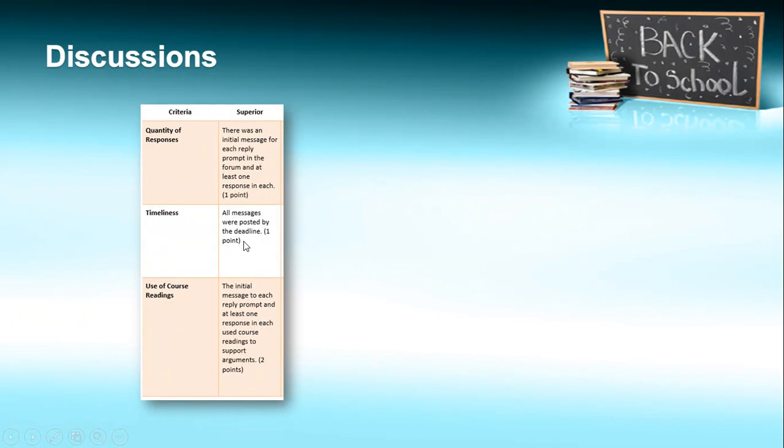I also am going to be looking at whether you're posting by the deadline and also whether you use the course reading. So for your initial message for each reply prompt and just one of the responses in each reply prompt, I want you to cite the readings in support of your arguments.